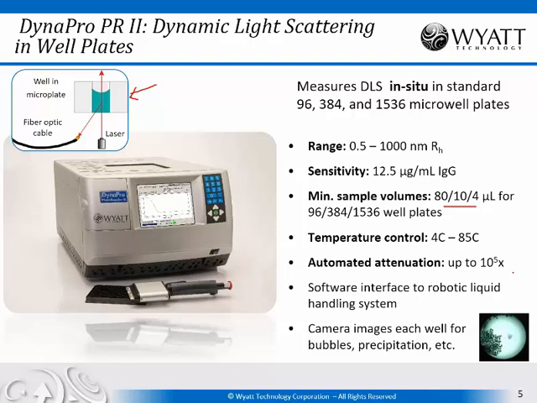And the neighboring well might have lots of large aggregates or large particles, in which case it scatters a lot of light and would overwhelm the highly sensitive avalanche photodiode without this automated attenuation. And so the implementation of auto attenuation allows you to measure a very wide range of concentrations and particle sizes.